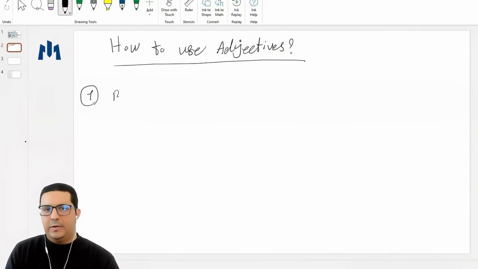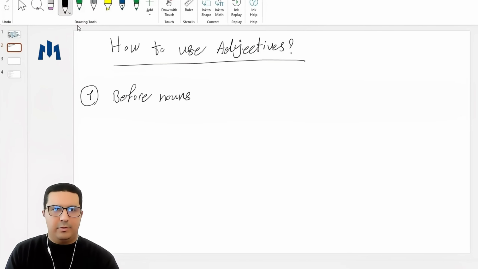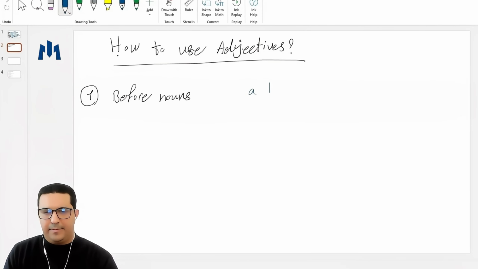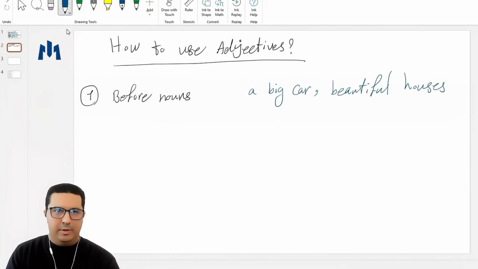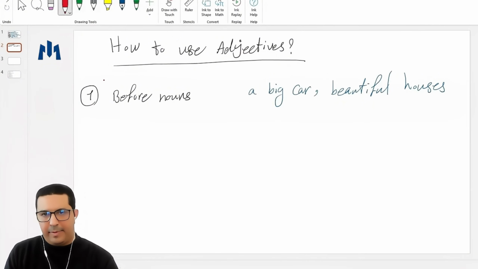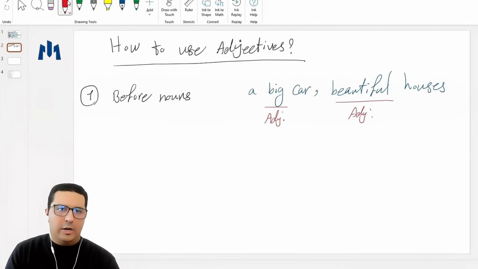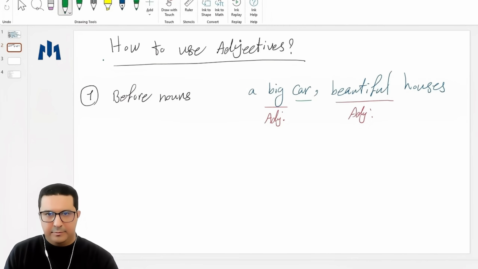Number one, you can use them before nouns. For example, you can say a big car, or for example, beautiful houses. And as you see here, big is an adjective, beautiful is an adjective, car is a noun, and houses is a noun again.